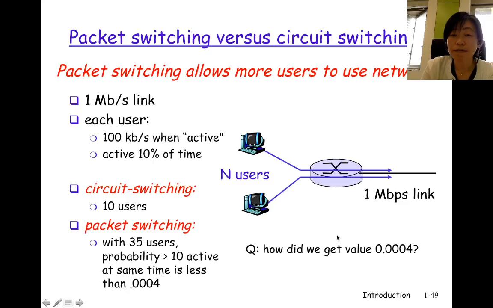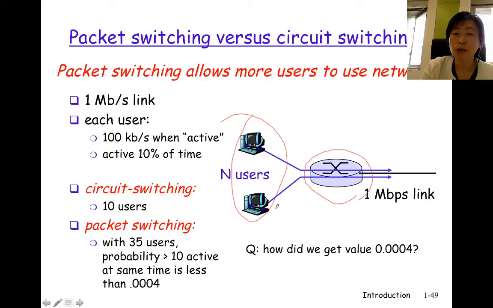Yeah, so this is the final example. Why don't we compare packet switching versus circuit switching? Now we finished talking about circuit switching, and now we finished talking about packet switching. In this example, we have end users over here, and this is the first router.